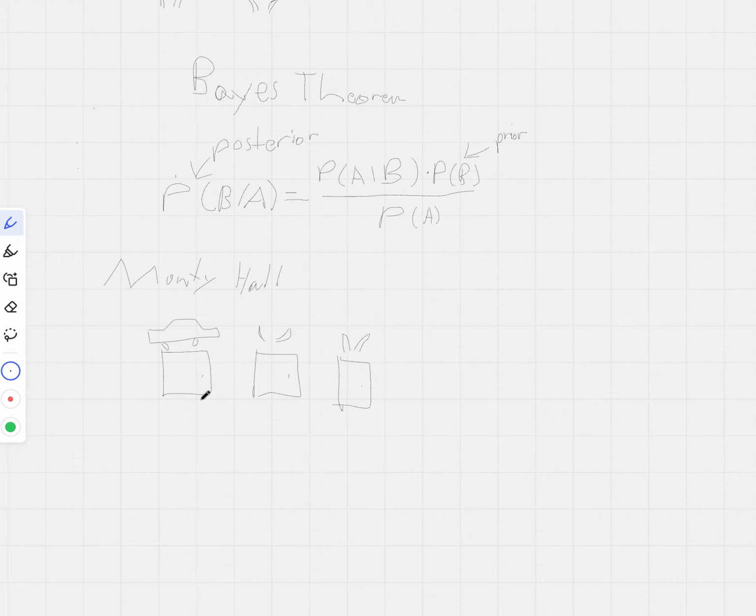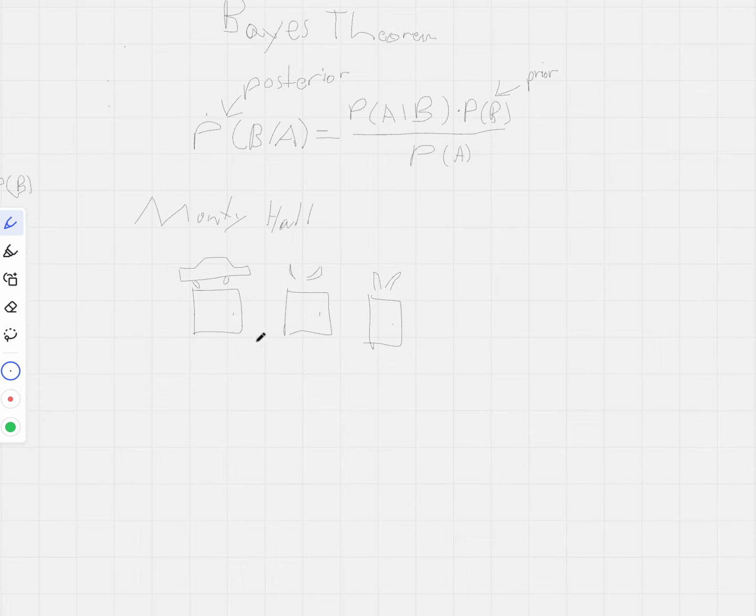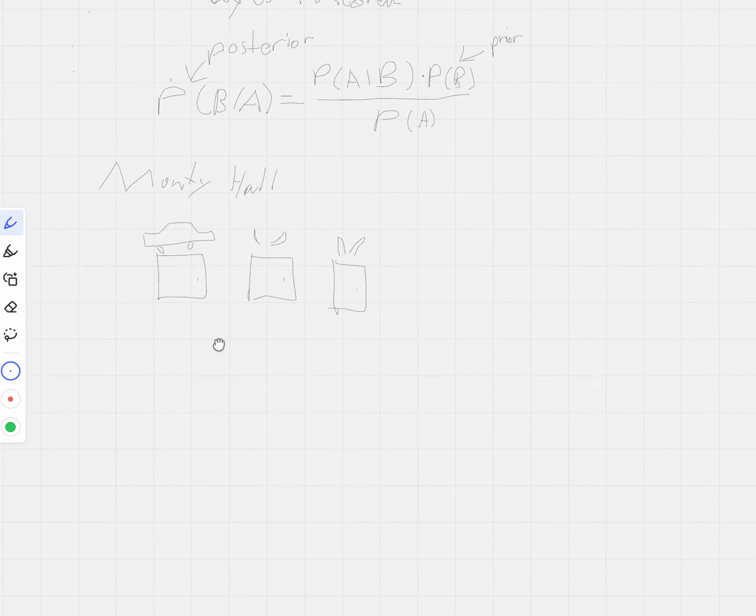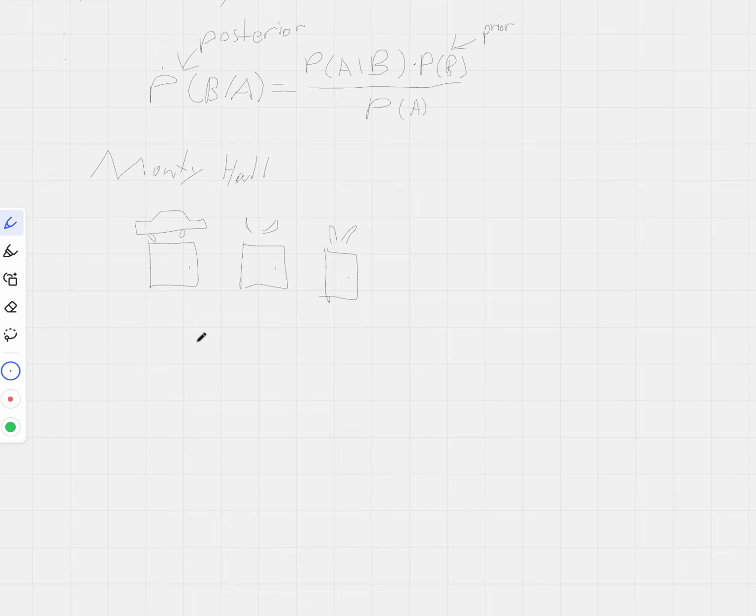Now the goal is, of course, to get the car. And the way this game works is it's split into 2 rounds. In the first round, you pick a door. And in the second round, a goat is revealed prior to you picking again.